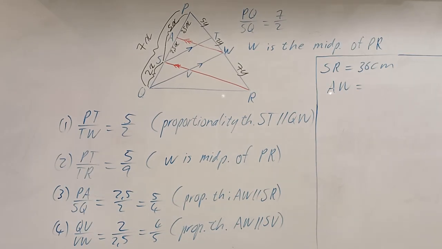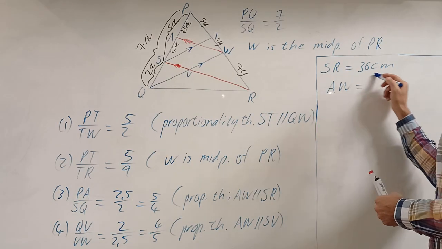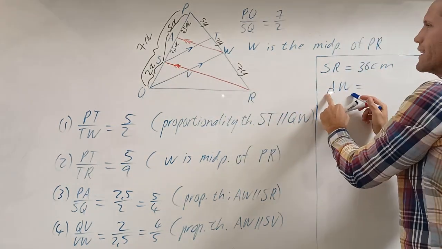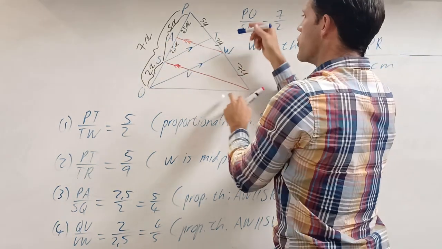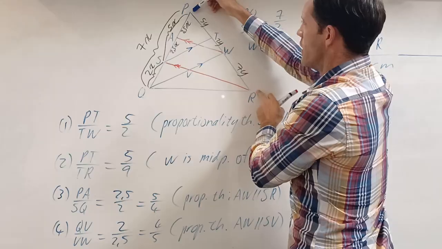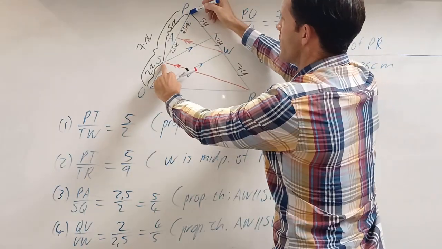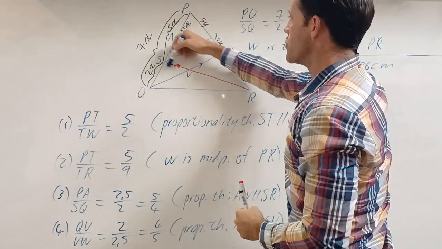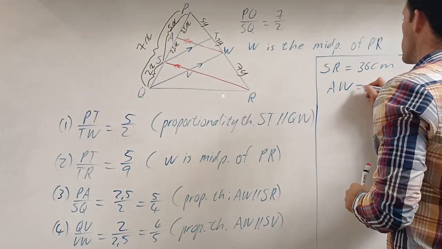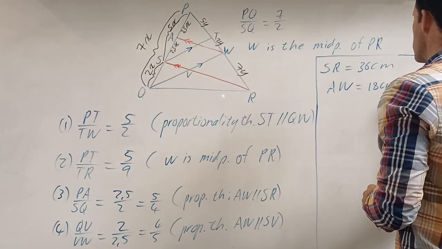Now it's given also that SR is 36, this part is 36. And then we must find AW. If you look carefully, remember W is the midpoint of PR and A is the midpoint of PS. And actually we also know that AW is parallel to SR. So we can say that AW will be 18 centimeters.